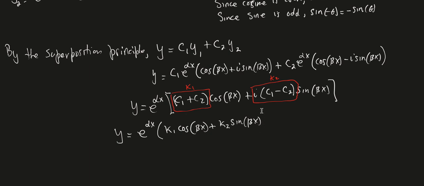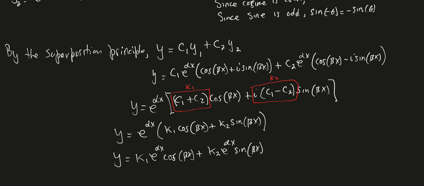So then, if I do the reverse now and distribute my e, so one last thing I'm going to write is this. If I distribute the e to the alpha x, I'll have k1 e to the alpha x times the cosine of beta x plus k2 times e to the alpha x times the sine of beta x.